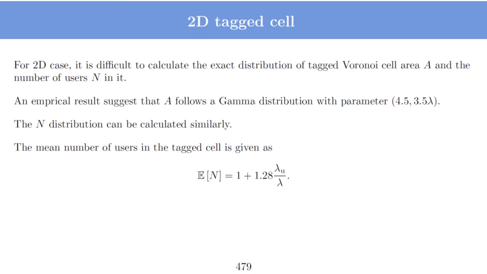Similarly, you can calculate the mean from this, and you will get that the mean number of users in the tagged cell will be 1 plus 1.28 times lambda u by lambda. Okay, so this 1.28 comes as the ratio of 4.5 divided by 3.5, and 1 is coming because of one additional typical user.